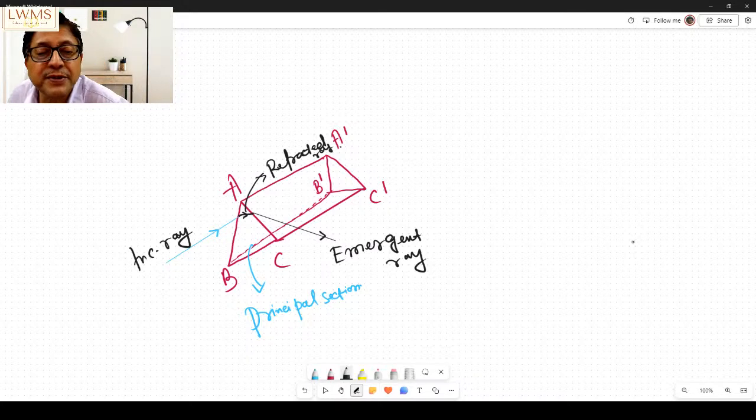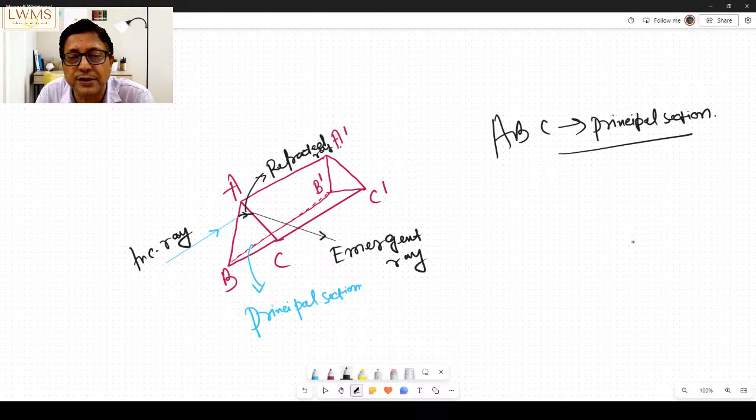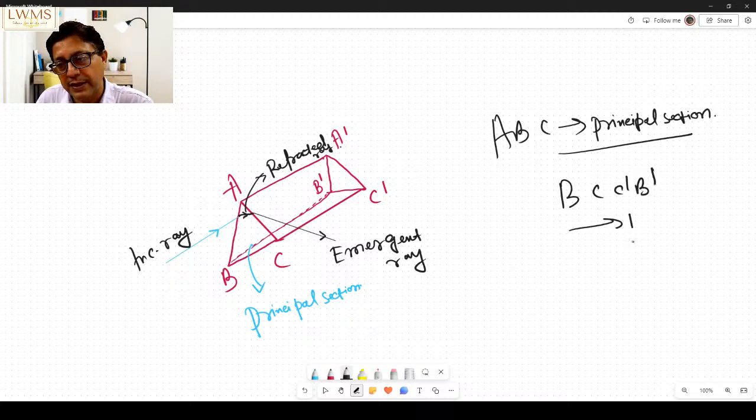Okay, we go back to the prism case here. This ABC is known as the principal section. BC, C dashed, B dashed, this is the base of the prism.